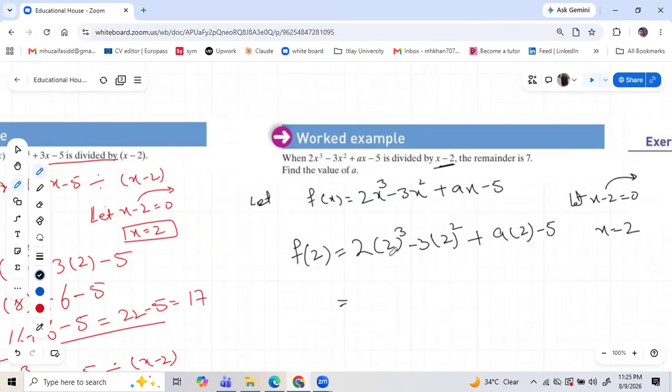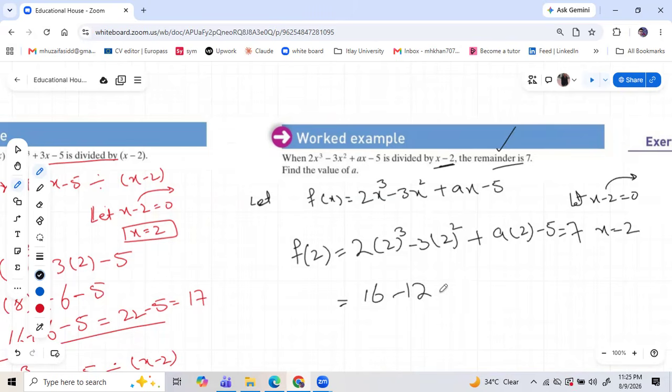So 2 power 3 is 8, 8 multiplied by 2 is 16. And 2 power 2 is 4, 4 times 3 is 12, minus 12 here. The remainder is 7, so I put it equal to 7. Why do I put it equal to 7? Because here it is given the remainder is 7.